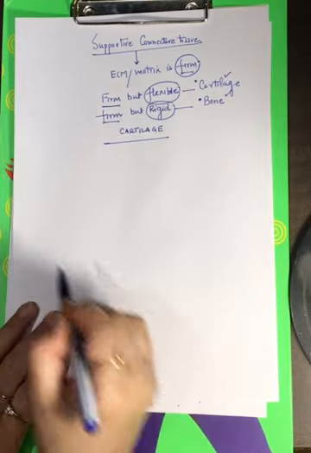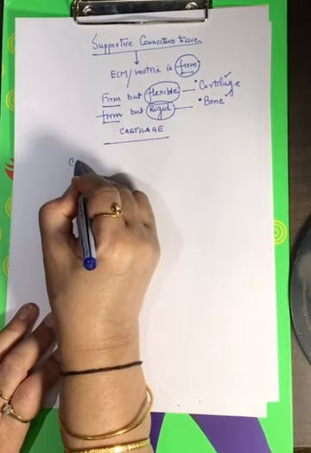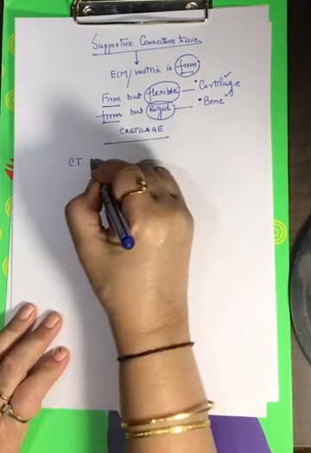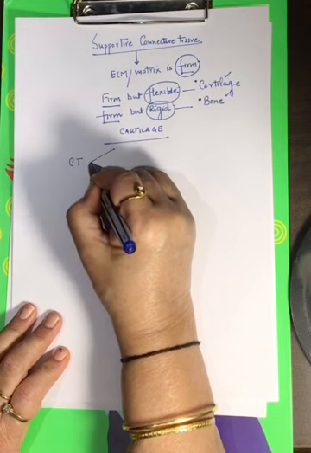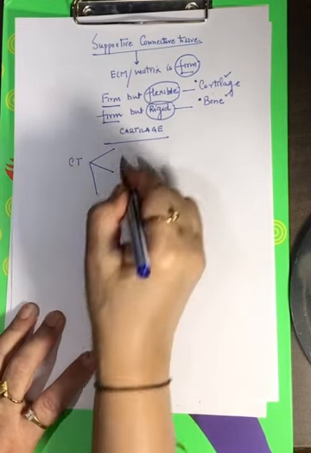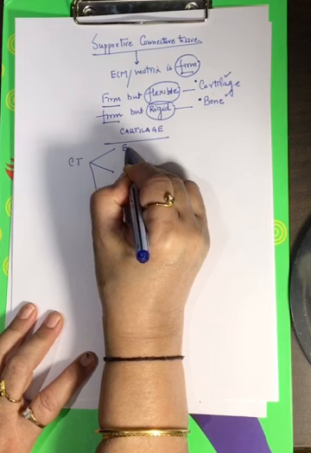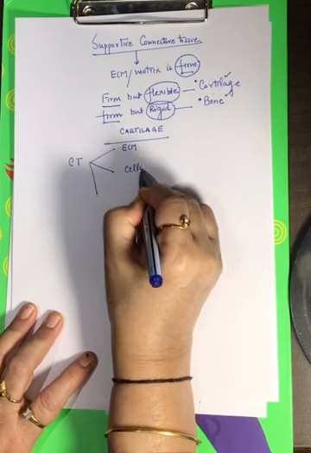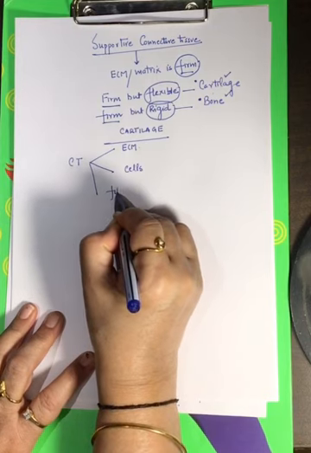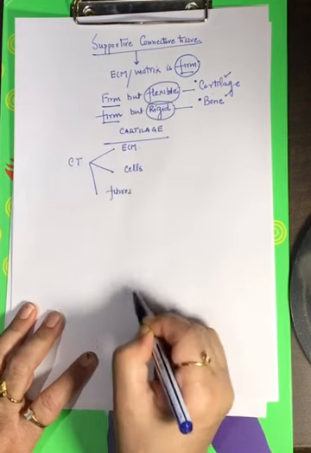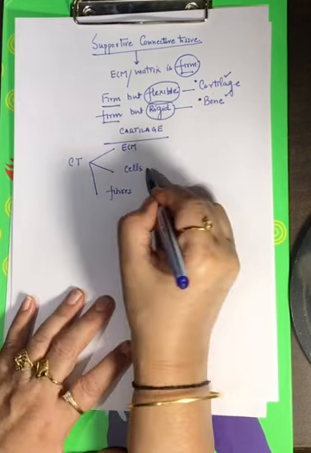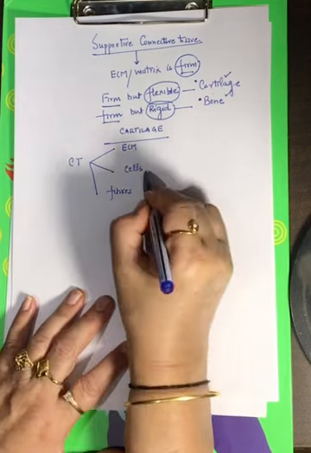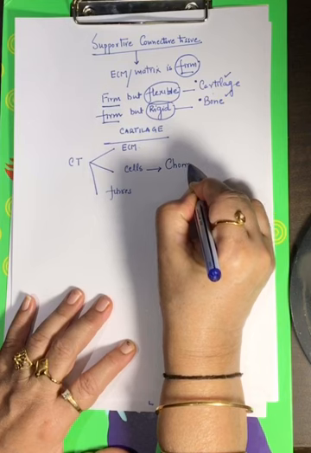So cartilage is a connective tissue, and every connective tissue has three components. It consists of ECM, cells, and fibers. The cells in the cartilage are called chondrocytes.